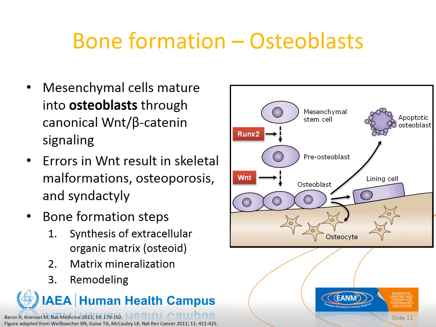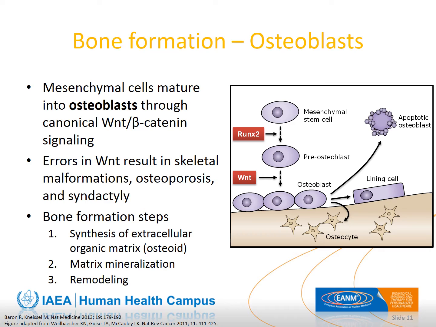So, how does bone formation occur? The cell responsible for bone formation is the osteoblast. This cell type derives from pluripotent mesenchymal stem cell lineage, and through activation of the hedgehog or canonical Wnt beta-catenin pathways, these cells will be forced into osteoblast differentiation.